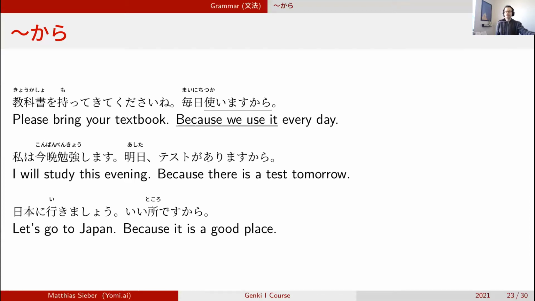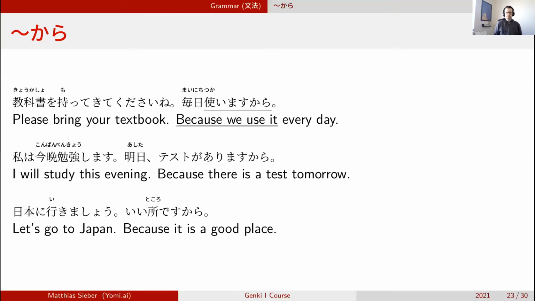So, tenki wa yoku nakatta. Yoku nakatta. It wasn't good. And then kara. Since we use formal speech here, it's yoku nakatta desu kara, right? So, Senshuu wa taihen deshita. Tenki wa yoku nakatta desu kara. Last week was terrible because the weather was not good. Very good. I see. So it doesn't replace desu. It's added after desu. Correct.